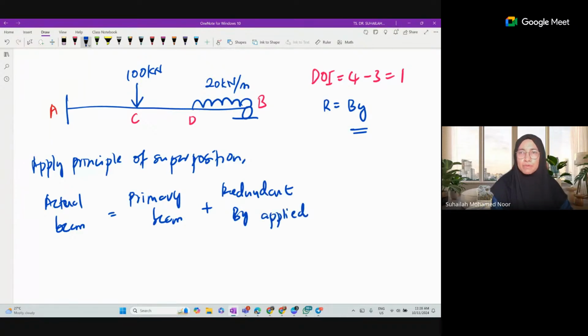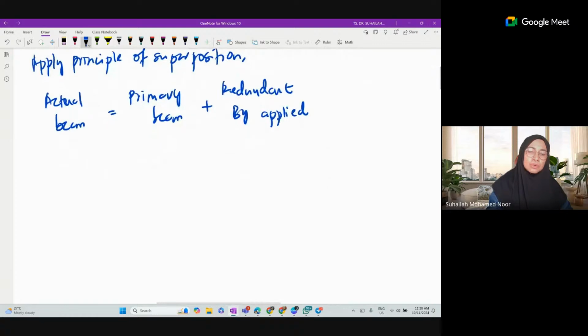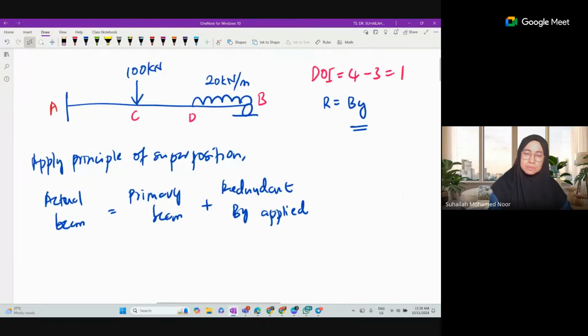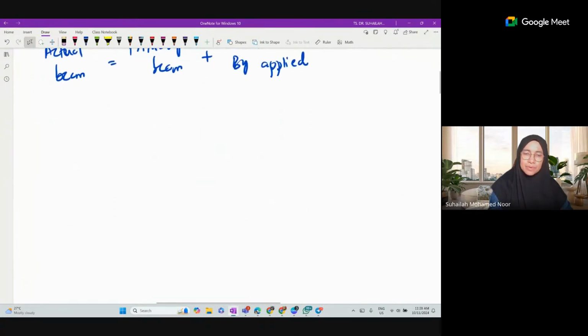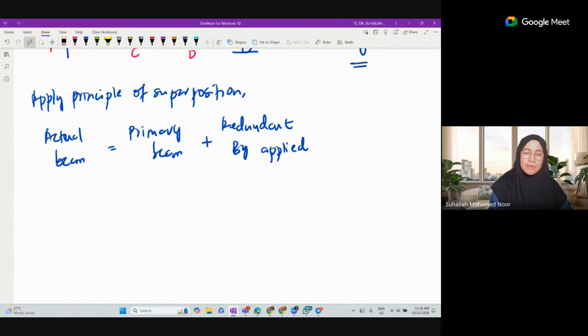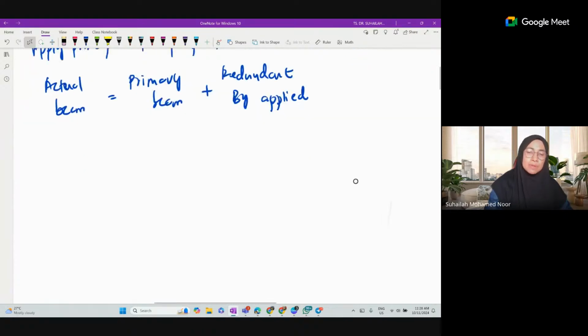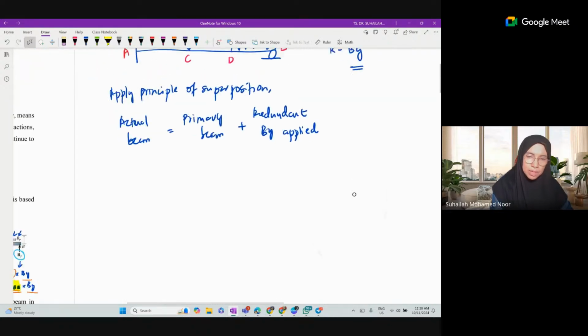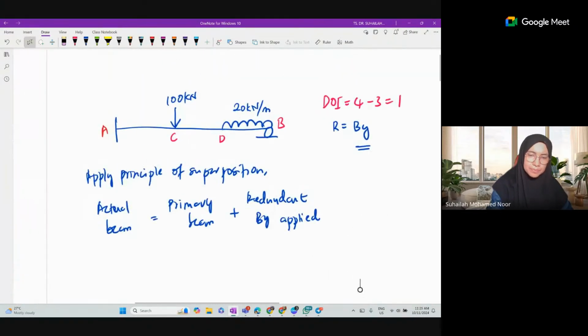The principle of superposition: actual beam equals primary beam plus redundant BY applied, where BY is removed from the system. So we will have the primary beam plus the redundant beam. Okay, I like to have it like this first.